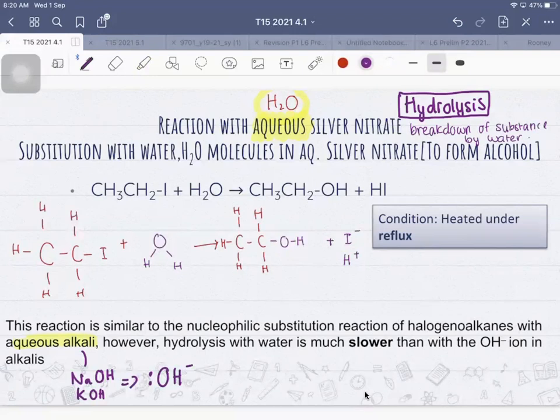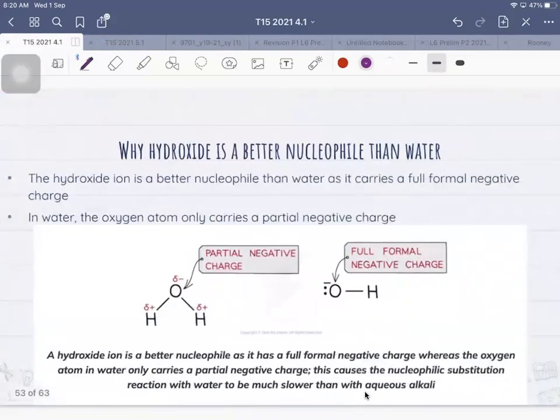Both reactions will form alcohol. However, the hydrolysis with water is much slower than with the hydroxide ion. The reason for this is the difference in their reactivity, I guess you can say, but we talk about which one is a better nucleophile.